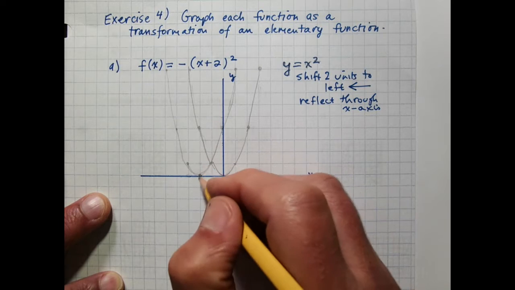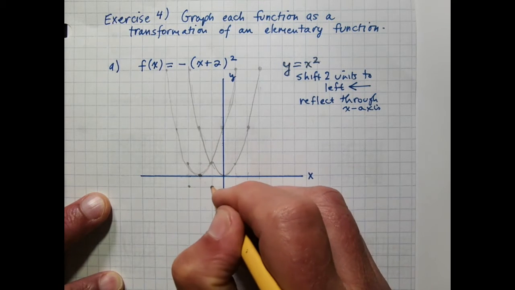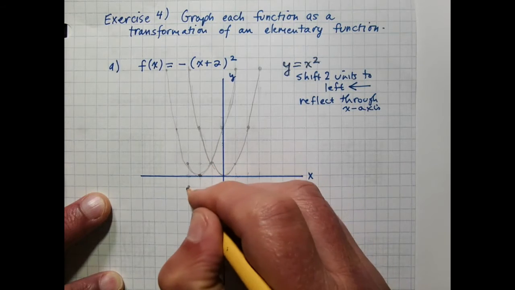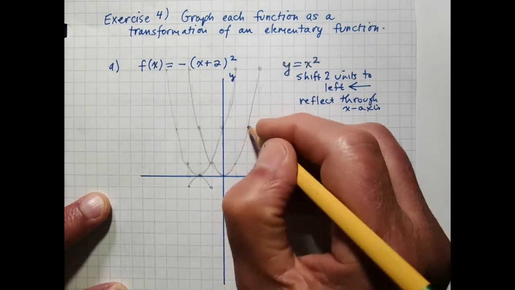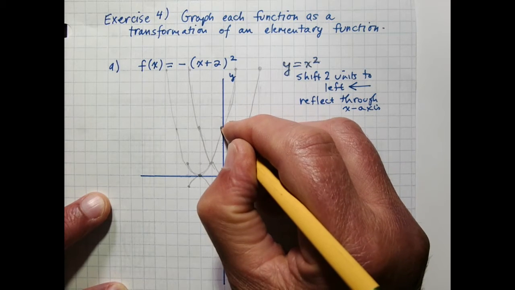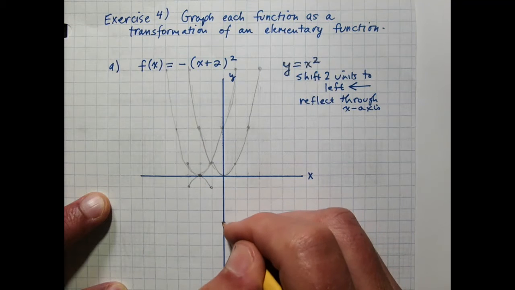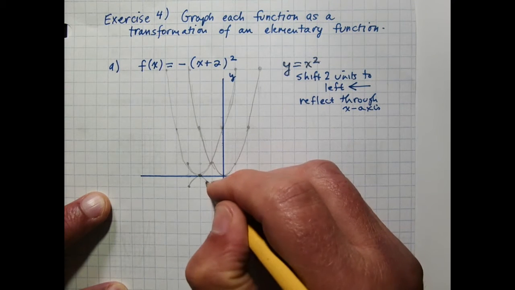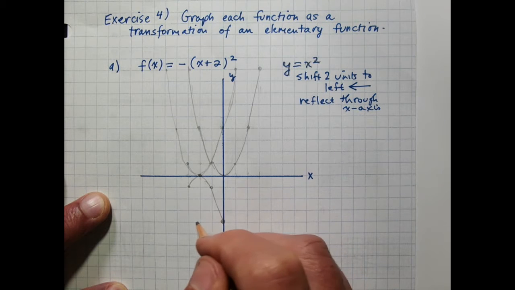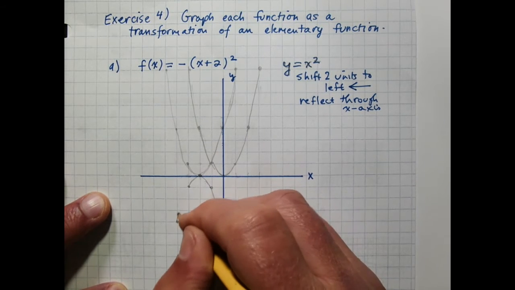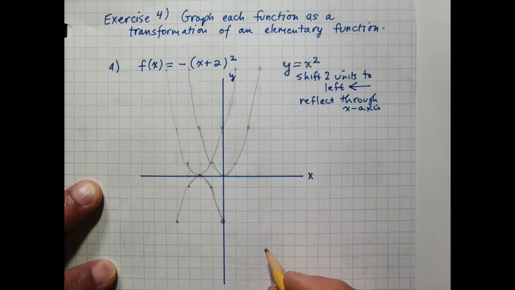Now I've got to reflect through the x-axis. This 0 point is going to stay the same. These 2 points, now the parabola is going to turn around that way. This point is on the y-axis 4 units up; it's going to be 4 units down. If you get really thrown by any of this, you can always plug in and calculate values.